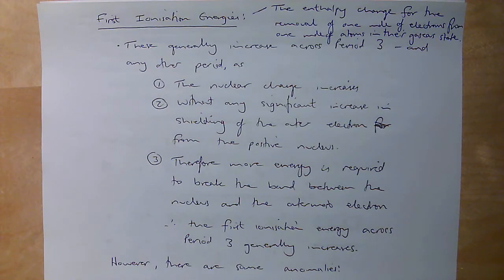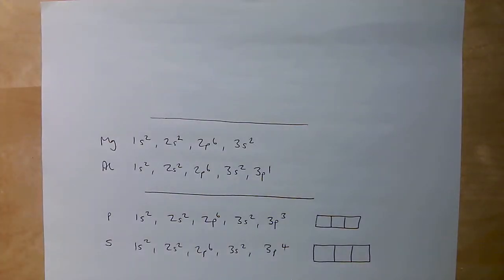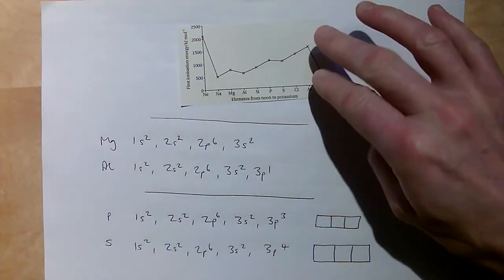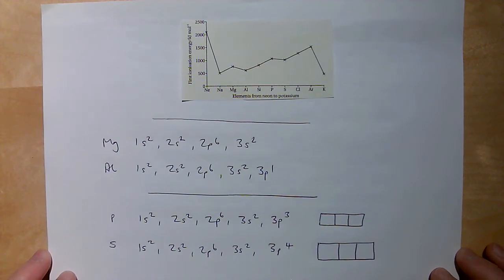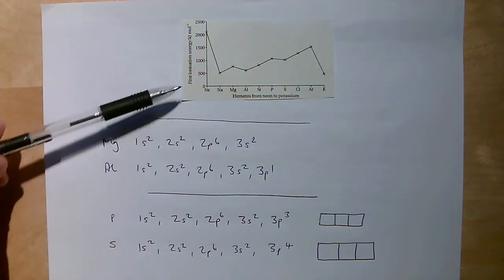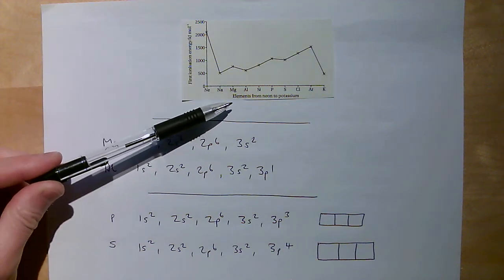Okay, so those are the general rules. However, there are a few anomalies. So let's have a little look at this here. We've got first ionisation energy on my y-axis, and I've got my elements along the bottom.